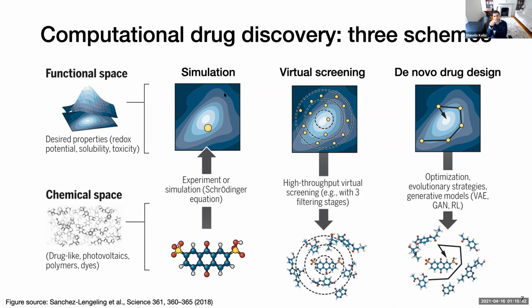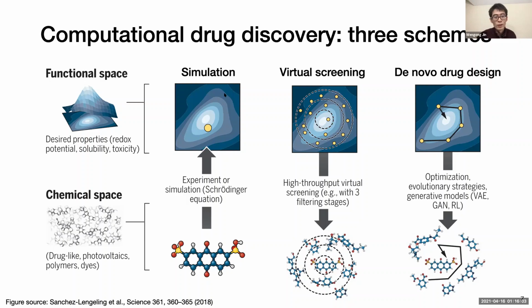And the arrow, however, in your second column is pointing down from the virtual screening to the chemicals. So that means that if I know the properties, I can actually infer particular chemical structures. Well, this is the figure that I copied from this paper.